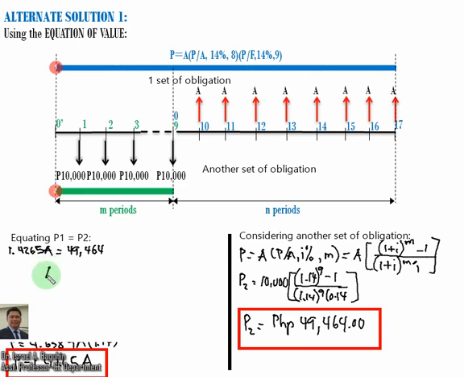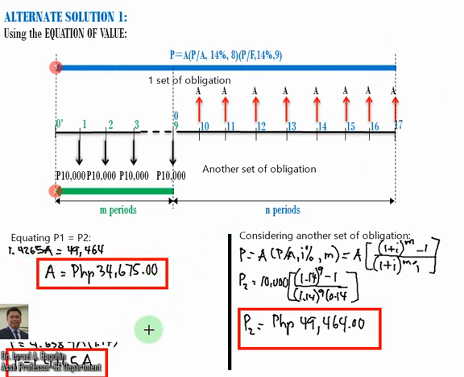So we can get now the value of our A, which is still 34,675 pesos. So we still arrive at the same value of our annuity, which is 34,675 pesos.